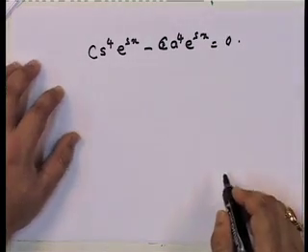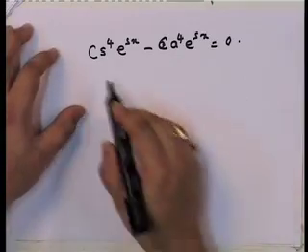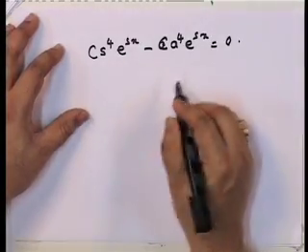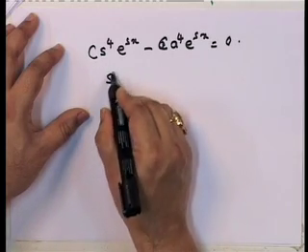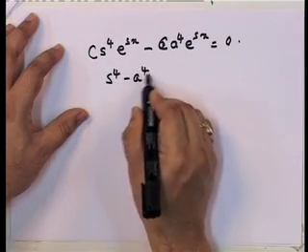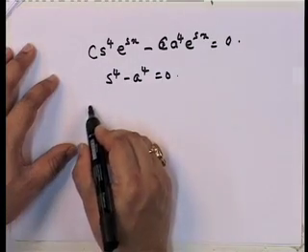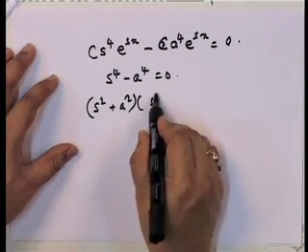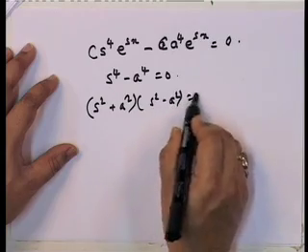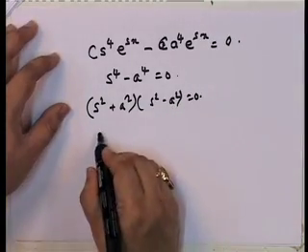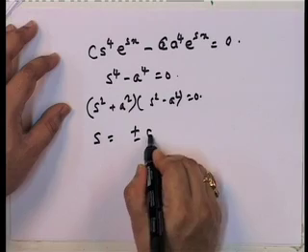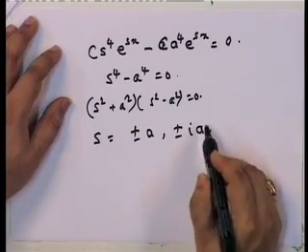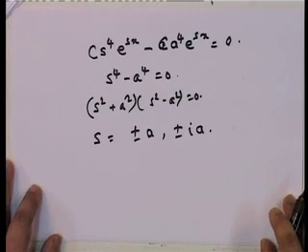So, since c e to the power of s x, which is in both cases, cannot be equal to 0, it implies that s fourth minus a fourth is equal to 0. This implies s squared plus a squared into s squared minus a squared is equal to 0. So, s is equal to plus minus a and plus minus i a. These are the 4 roots that you have.